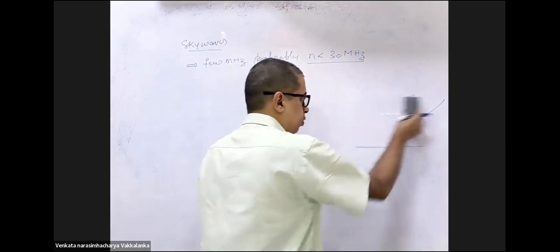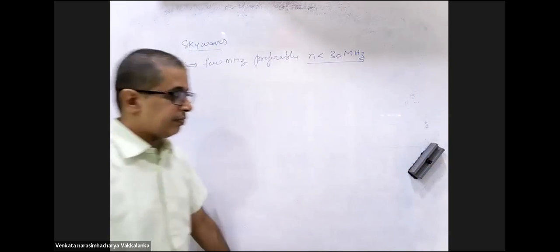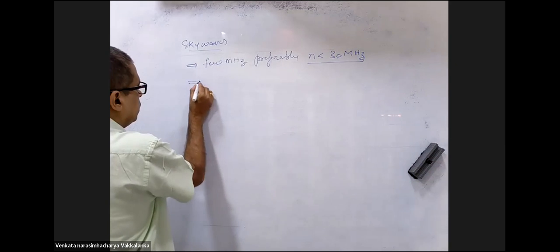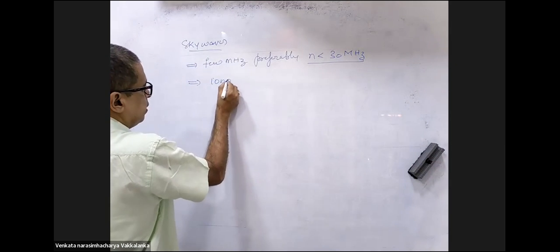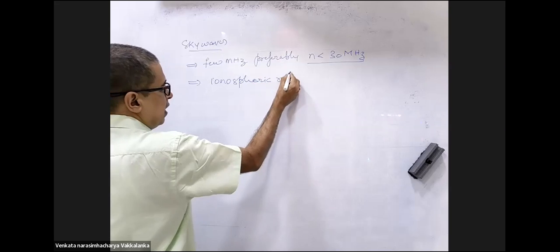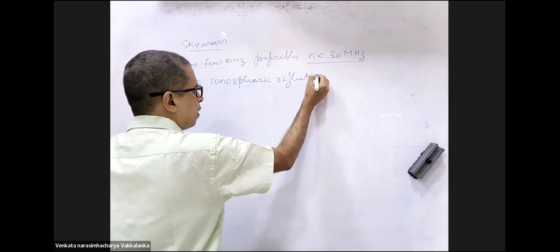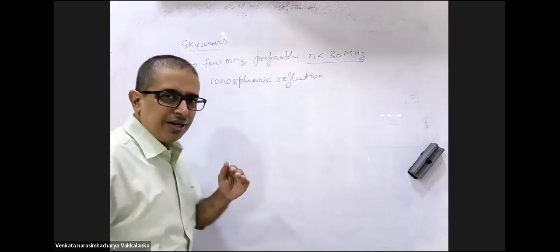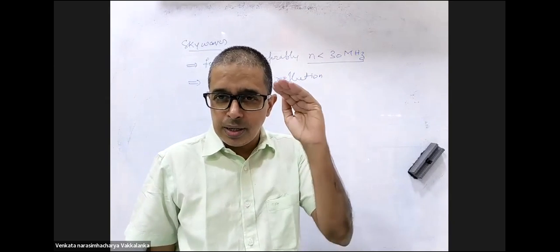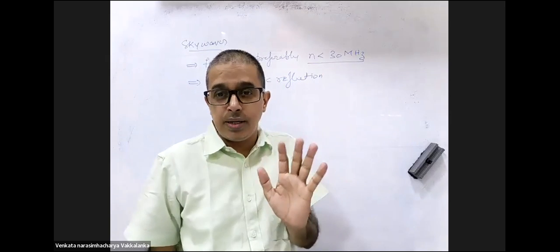Right? Now here what happens? You are using ionospheric reflection. Earth's atmosphere: troposphere, stratosphere, ionosphere, exosphere.